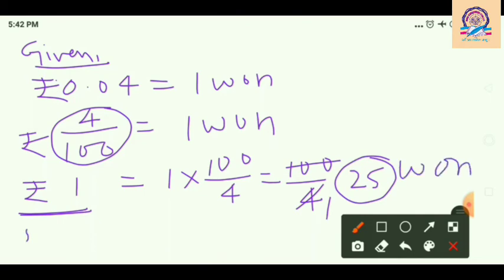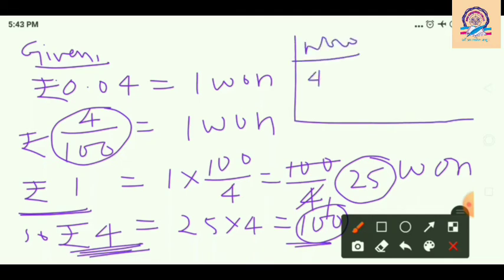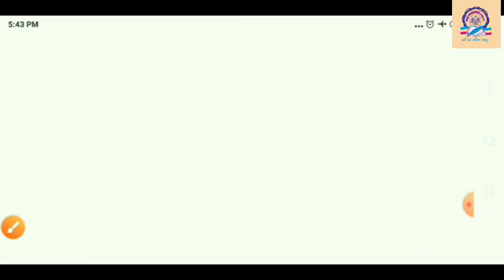Okay, so 4 rupees we can write here. So 4 rupees will make how many won? So 25 multiplied by 4. So it will be 100. So here we got 4 rupees make 100 won. Right? Now similarly you can also write now 400 rupees is equal to, as we know that 1 rupee makes 25 won.